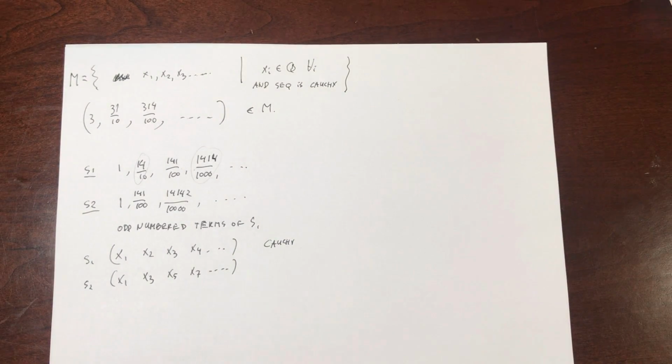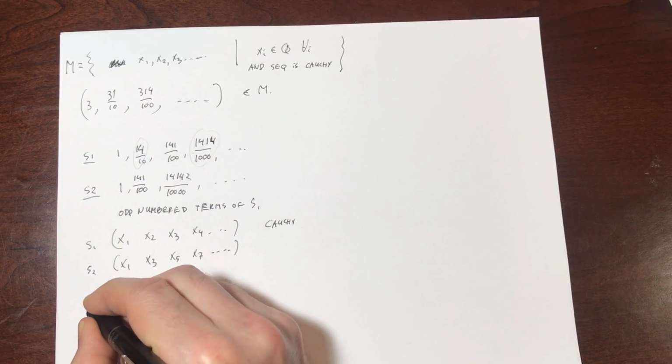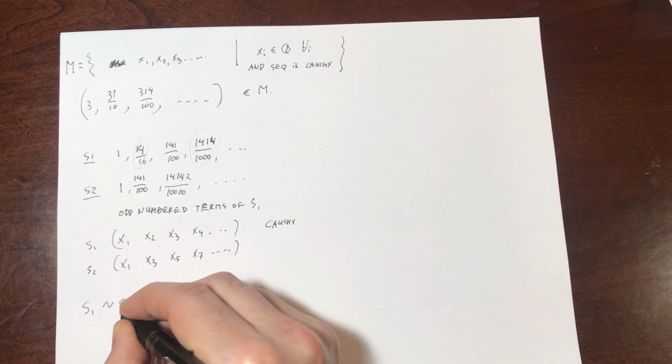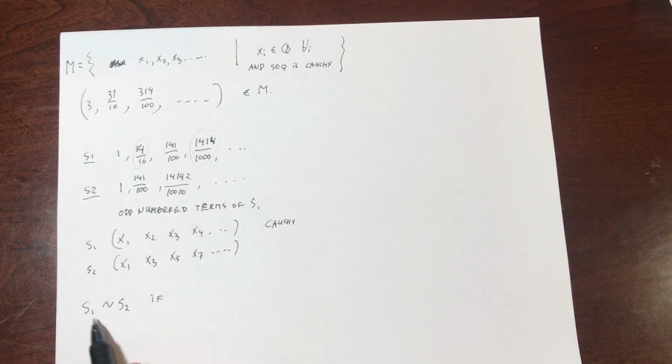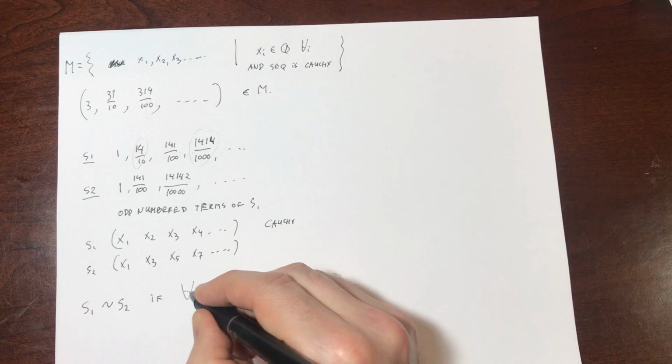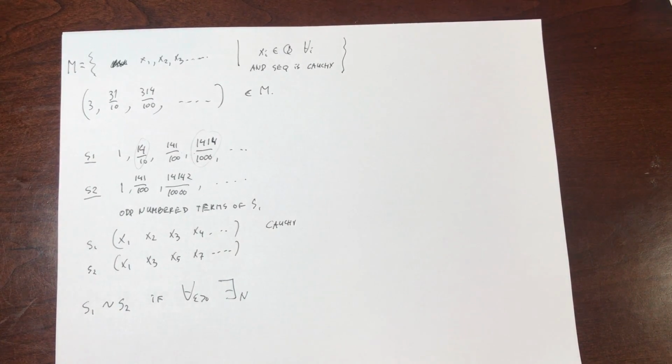So I'm now going to define an equivalence relation. We'll just say that S1 is equivalent to S2 if, for every epsilon greater than 0, there is some cutoff point such that beyond the cutoff point the sequences are epsilon close.